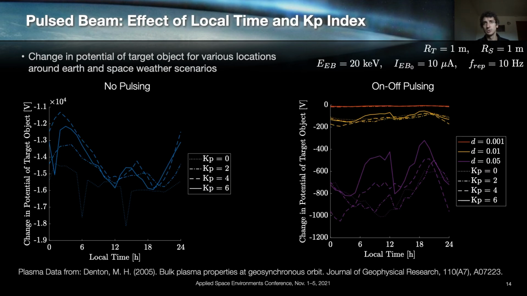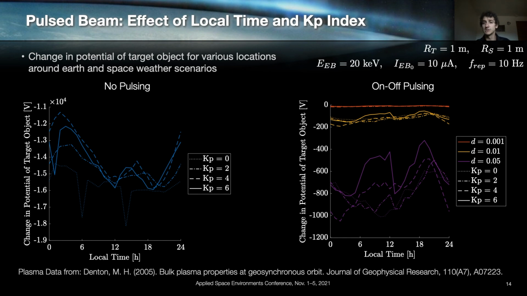So similarly to those figures we saw for the continuous beam, I'm looking at the change in potential of the target object over local time for different KP indices on the left-hand side. And generally, in eclipse, the potential will change by about 15,000 volts if you use a continuous beam across all local times.